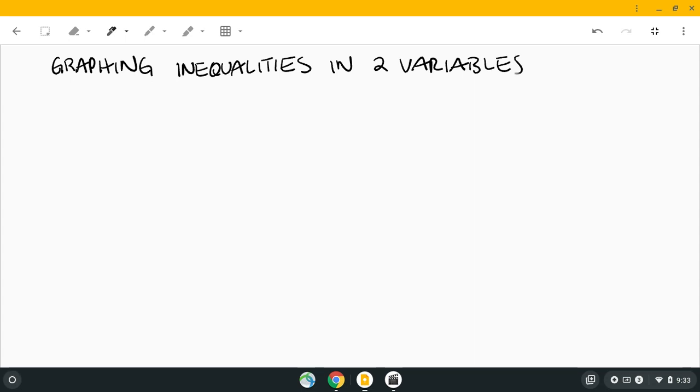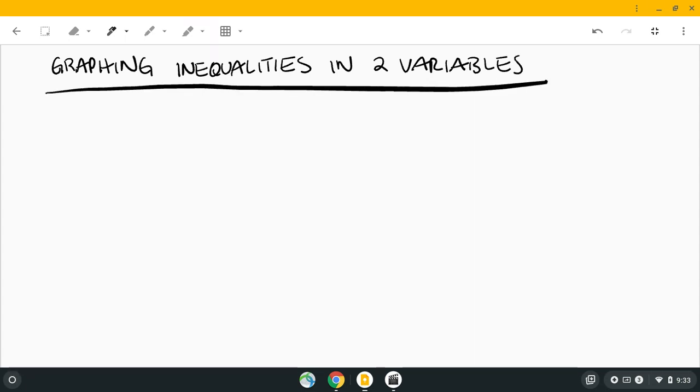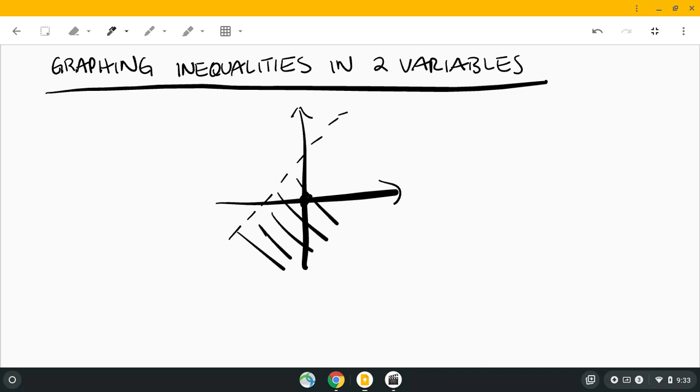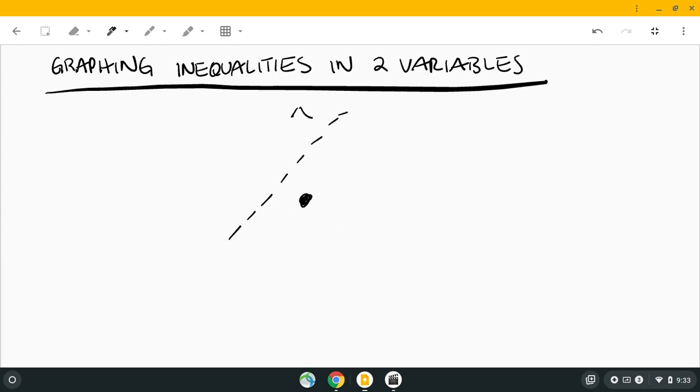This will be very similar to when you graph. Do you remember? Here, don't copy this down. But do you remember when you had these, and then you did the shading? You did a checkpoint, and then if it was true, then you shaded. Okay, it's going to be very similar, but instead of lines, you'll be doing it with parabolas.